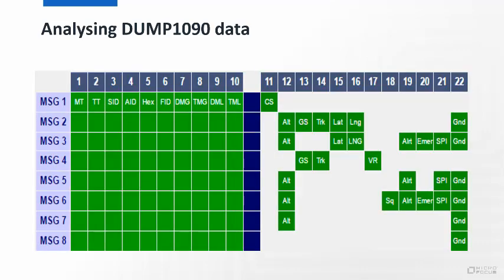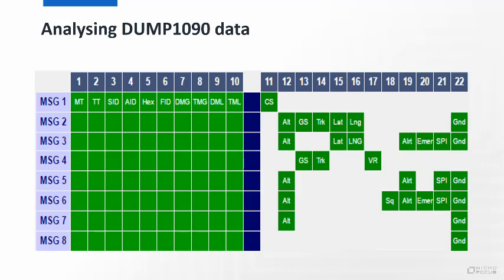Each message type reports a different set of fields. As can be seen here, for example, message types 2, 3, 5, 6 and 7 include the altitude, whereas 1, 4 and 8 do not. In the time that an aircraft's signals are within range of the receiver, one would expect to receive most, if not all, of the message types, with some being received many tens, hundreds, or possibly thousands of times.